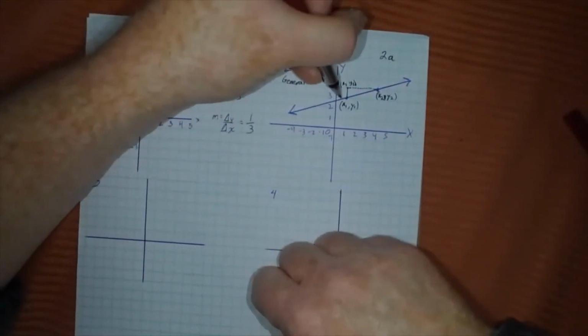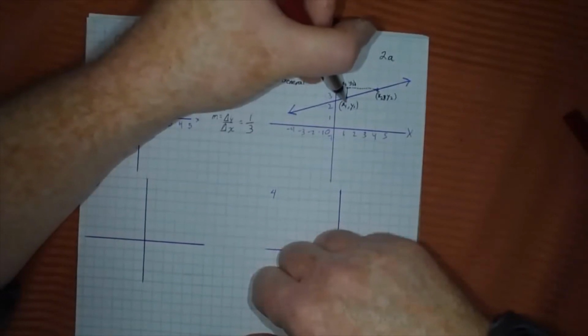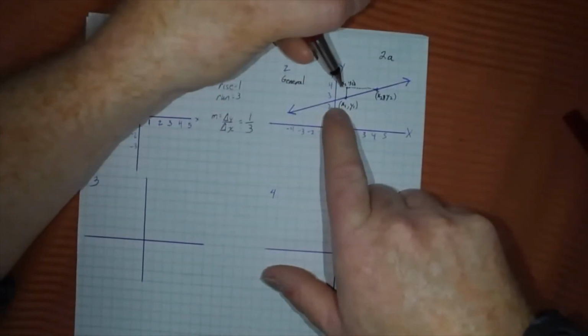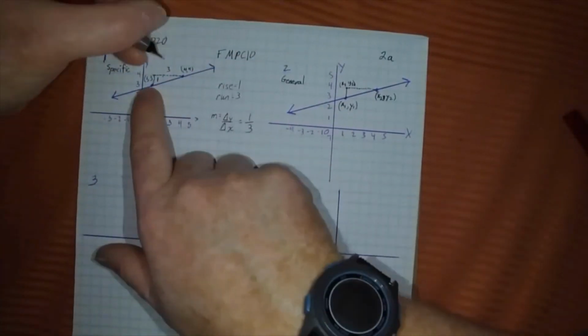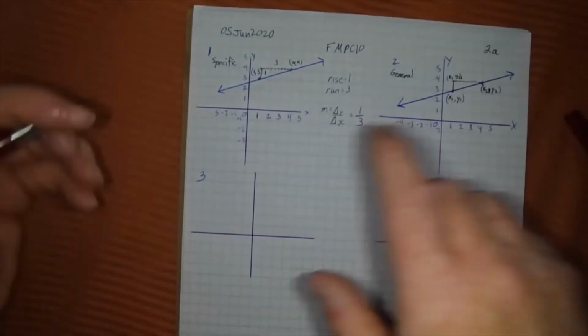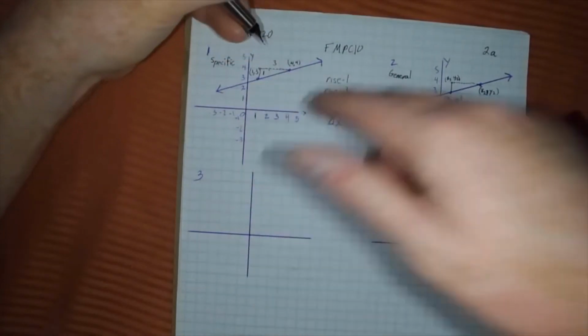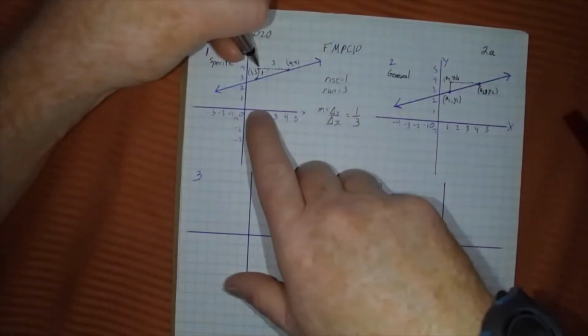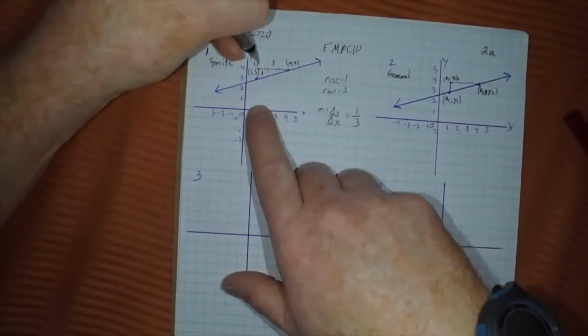So what's our change in the rise? Well, to go from this point to this point, let's just jump back over here for a sec. So this point here, I said this is 1, 3, and this is 4, 4. If I go up here, I'm at 1, 4. This point right here is 1, 4.